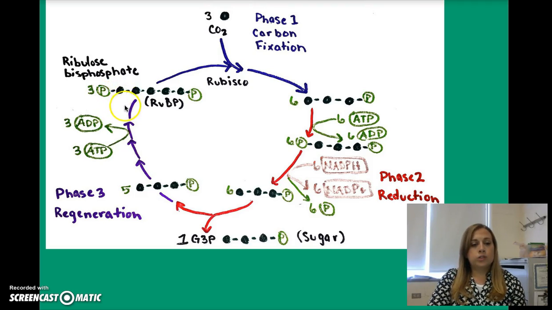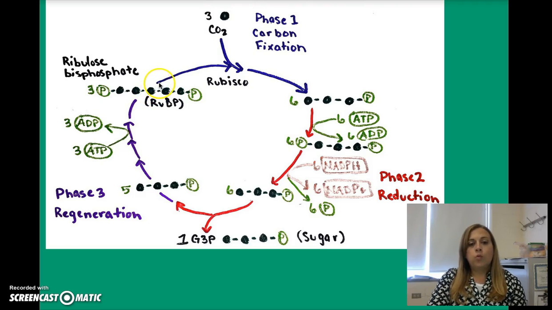So now, still at 15 carbons, but we have 3 of those molecules. Remember, we added 3 more phosphates, so now you've got 1 phosphate on either end, so 2 phosphates total per molecule, and you are ready to go through this cycle one more time.